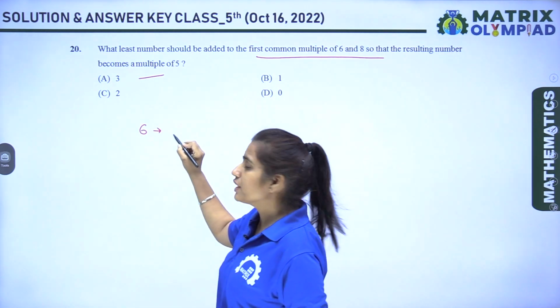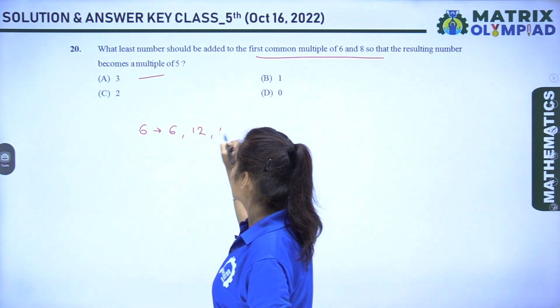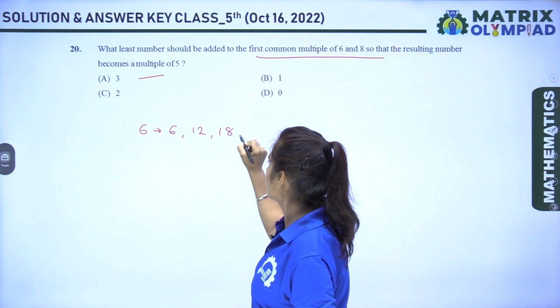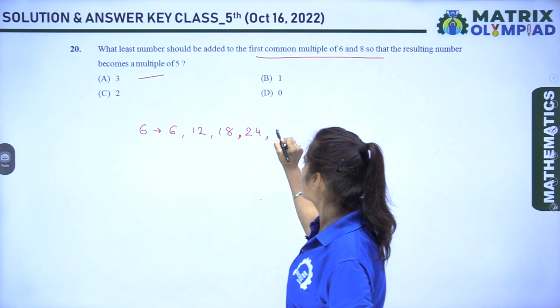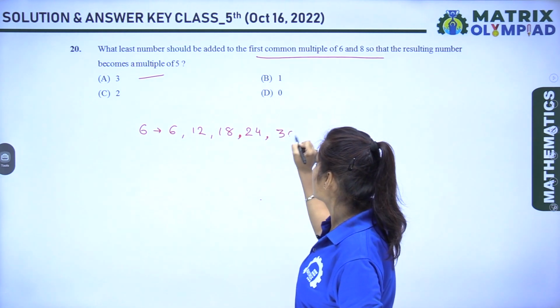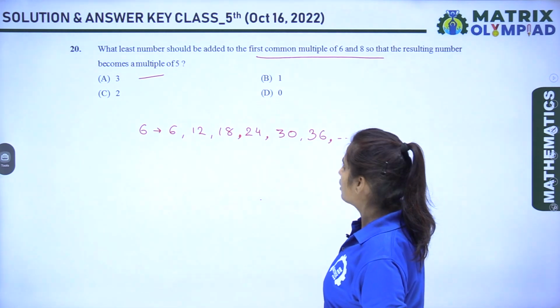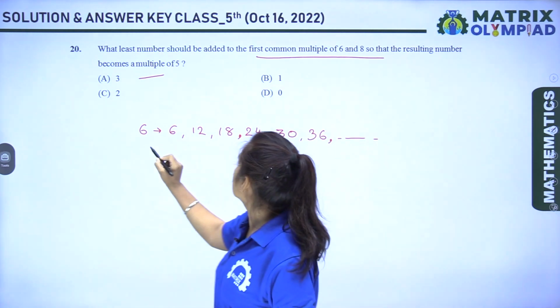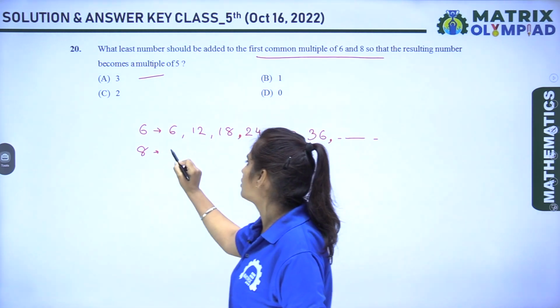Now the multiples of 6 are 6, 12, 18, and so on. And the multiples of 8 are listed as well.